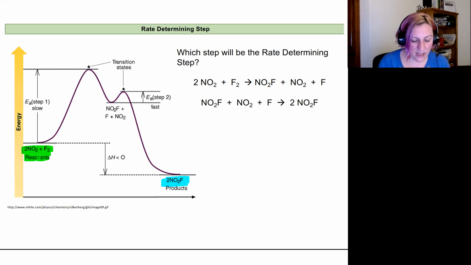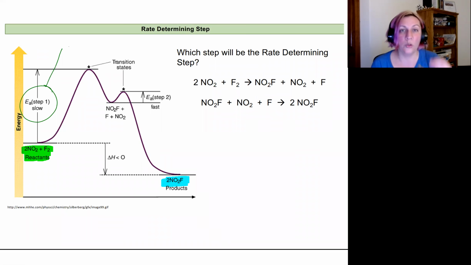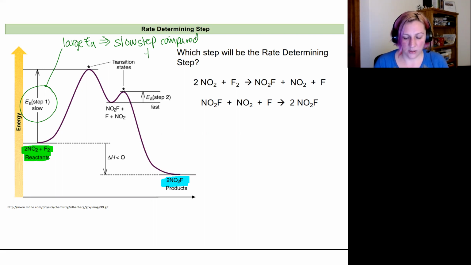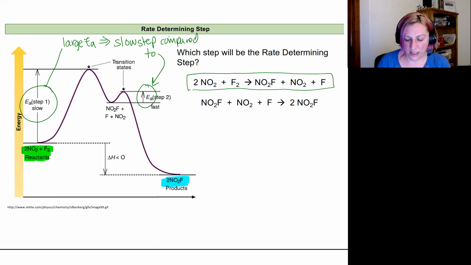And so, because this activation energy is large, we will have a slow step here. So, a large activation energy is telling us that this is our slow step compared to the second one. And so, our first step right here will be our rate determining step.